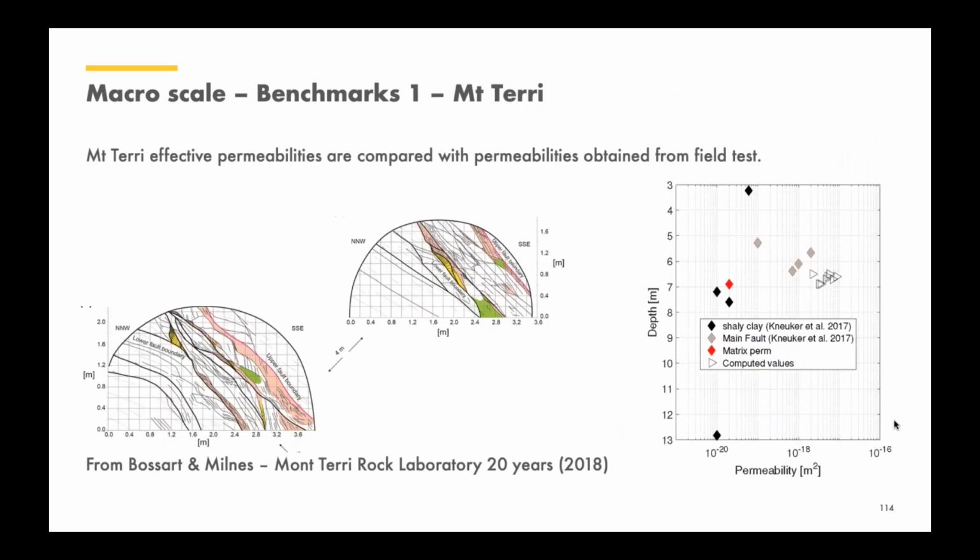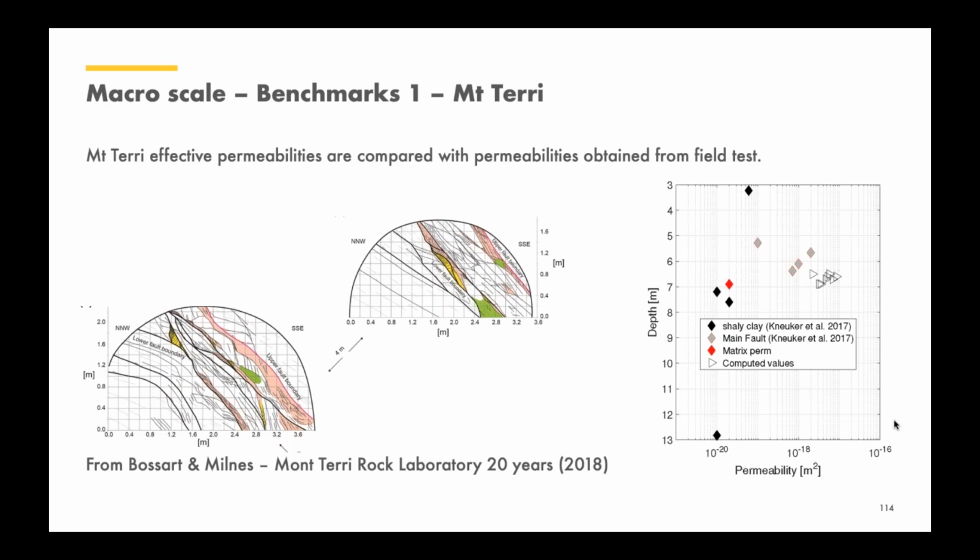I was rushing through to spend a little bit more time here on the benchmarks. In the Monterey test site, they also did a field test, a well test injecting fluid and observing how the pressure responds to obtain the permeability next to the fault. We took our workflow, took the fracture networks, and obtained an upscaled permeability for that.